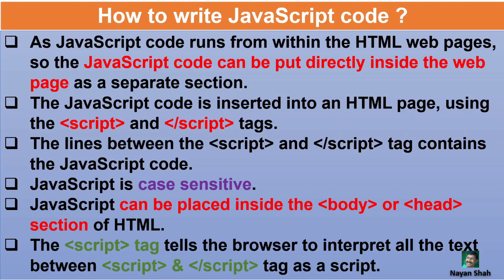If you write the script tag in capital letters, or in small letters, or in mixed letters, some characters capital and some small, it is fine, because HTML is not case sensitive. As far as the spelling is script, it is fine. But JavaScript is not like that.